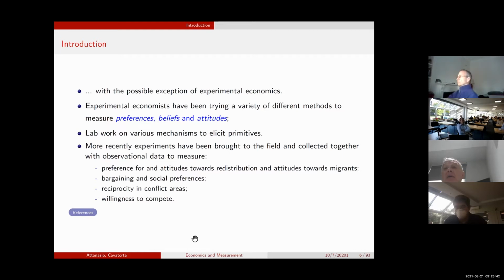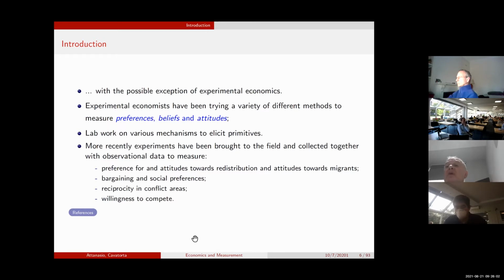And this was the early attitude of experimental economists. More recently, however, the experiments have been brought to the field, and the data have been collected together with observational data, as we'll see later in the talk.